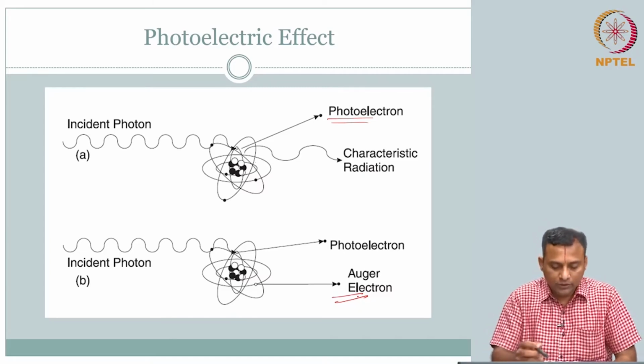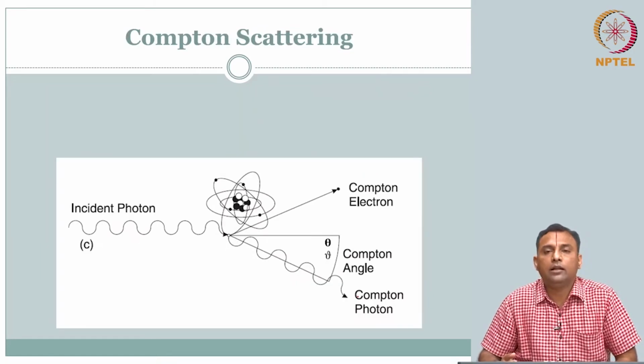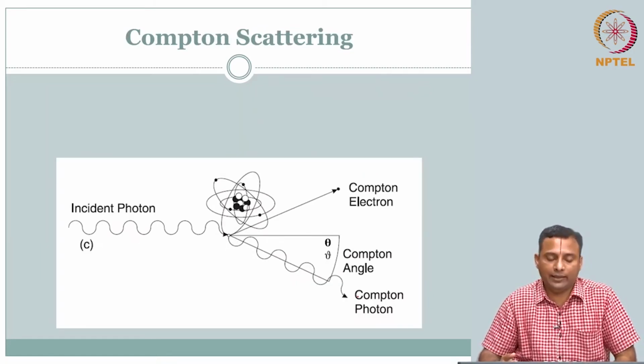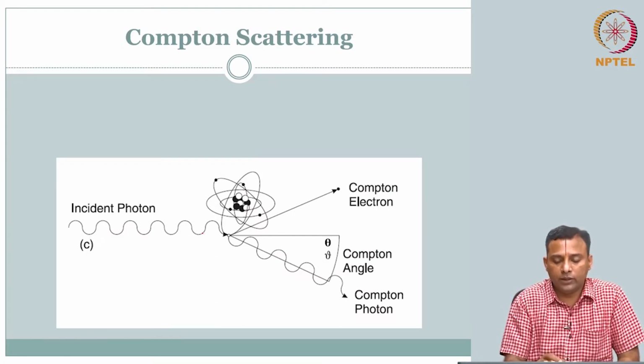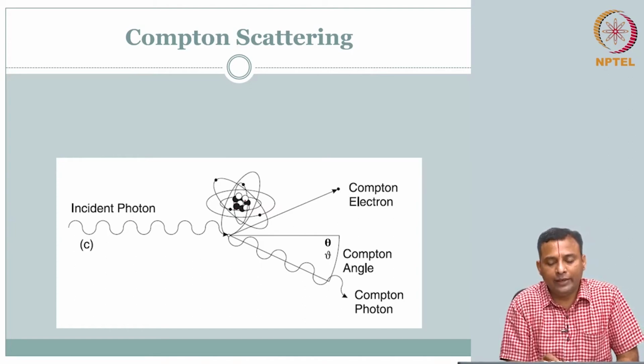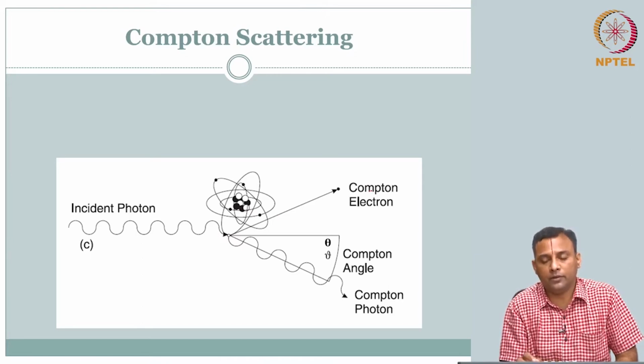Clear? So, let us use the same sketch to also talk about the other effect, which is Compton scattering. Here, incident photon comes, but notice it is not going into the Coulomb field, it does not go close here, but when it comes here, it is able to hit an electron, share some energy to that electron and kick that outer electron out.